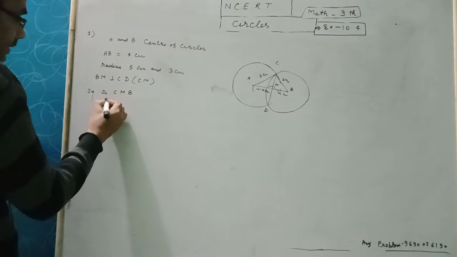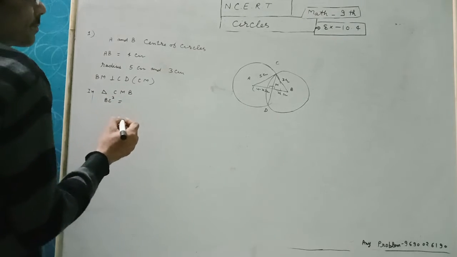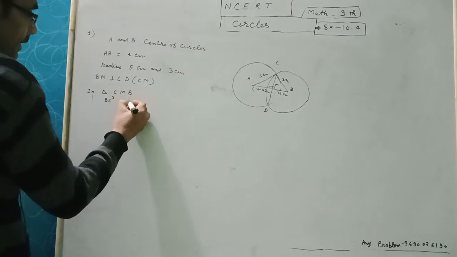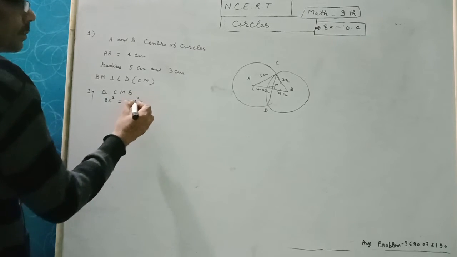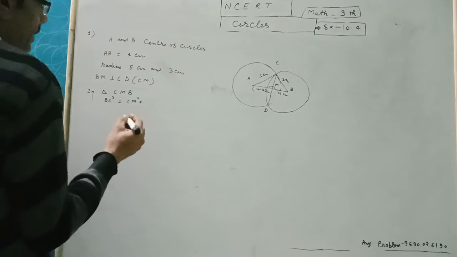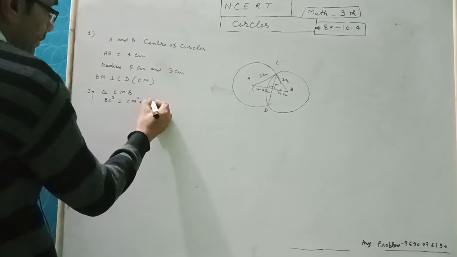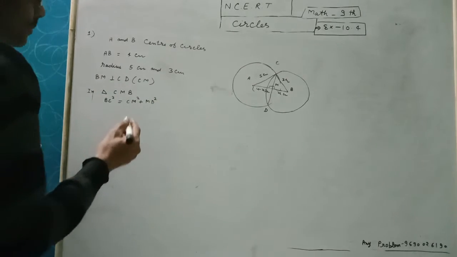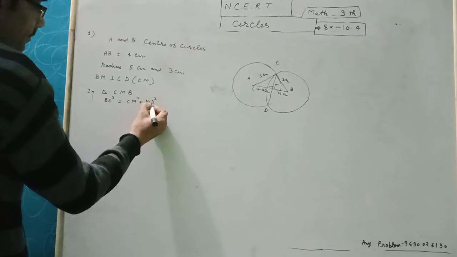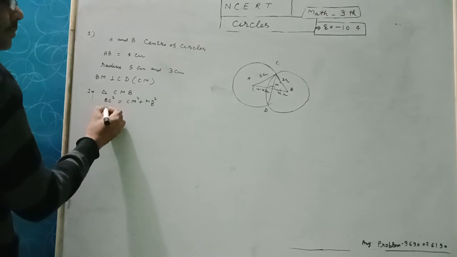BC is the hypotenuse, and CM square plus MB square equals BC square. That is the Pythagoras formula. BC value is 3.